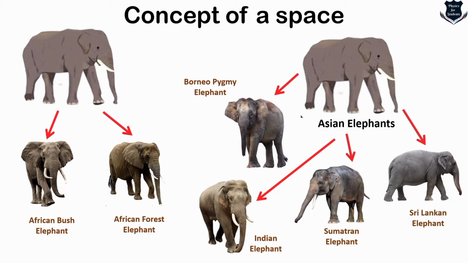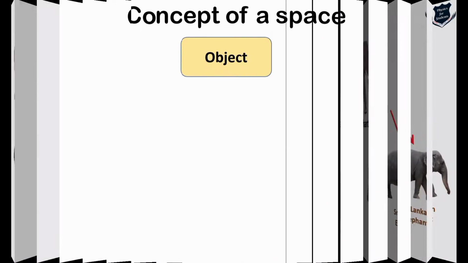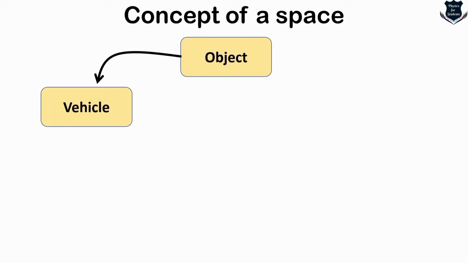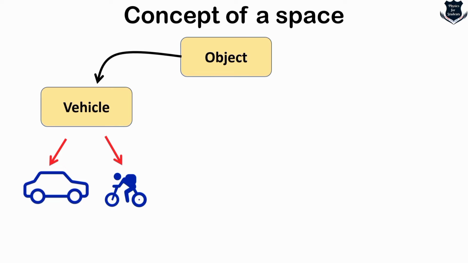Now from here we can very well understand the concept of a topological space. So first let us see that we got a kind of an object. Say for example, if you are dealing with object oriented programming, we get a class and then a subclass. So we get an object, and from there we deduce another object which is called a vehicle, and then we get a car and bike and so on.